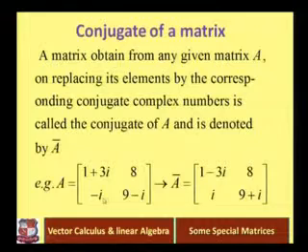Finally, the conjugate of minus i is i, and the conjugate of 9 minus i is 9 plus i. So this is the conjugate of the matrix A, where each element is replaced by its conjugate.